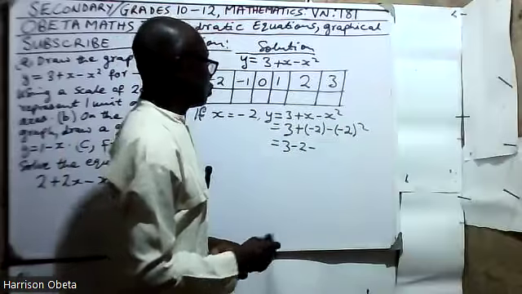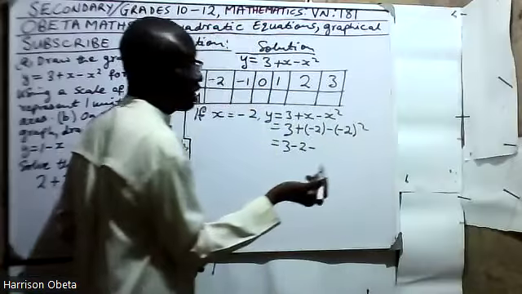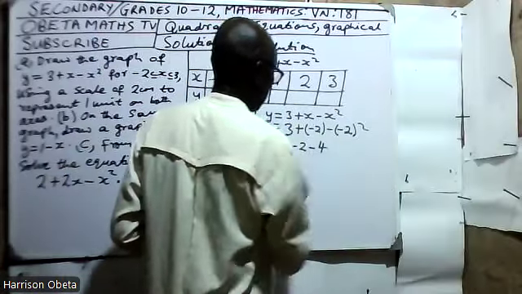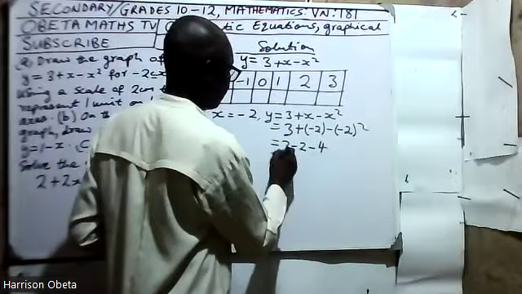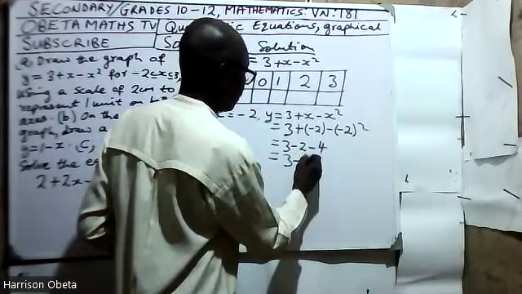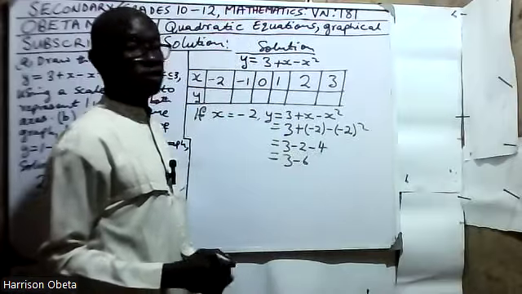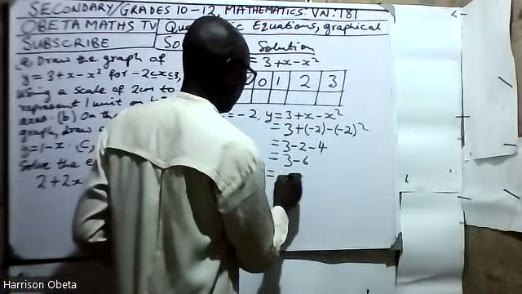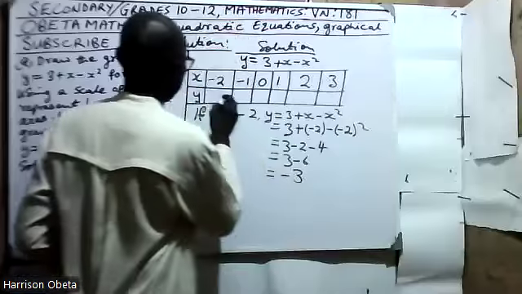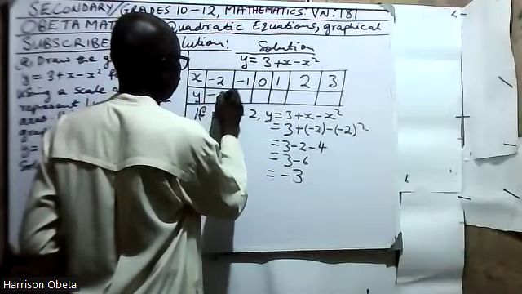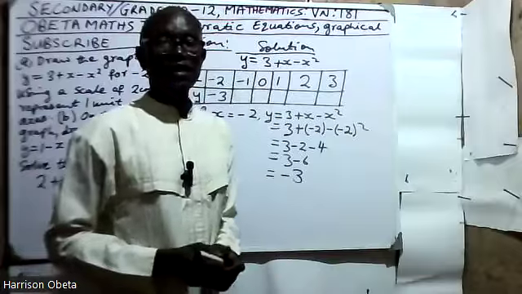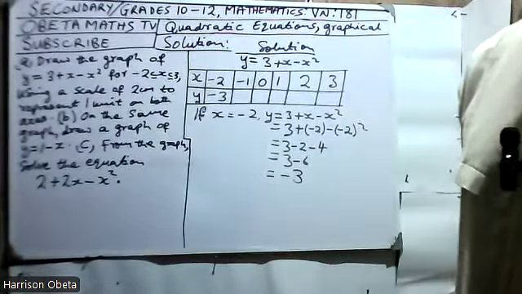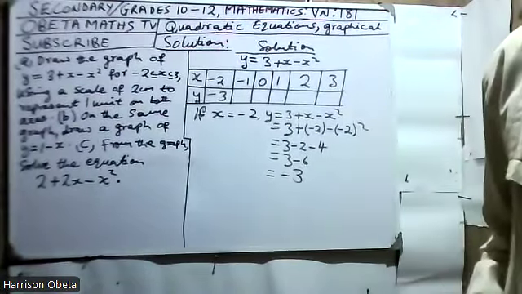So minus 2 times minus 2 is plus 4. That means we are going to have 3 minus 6, because minus 2 minus 4 is minus 6. So this will give us minus 3. So minus 3 should be here. That means when x is minus 2, y is minus 3. So that's the first one.